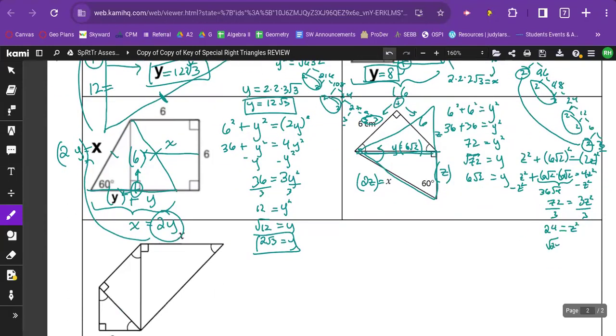Square root of 24 is z. So then it'll simplify down to 2 root 6 for z. So z is 2 root 6, but 2 times 2 root 6 will give me the x value, which is what I'm looking for. So that'll be 4 root 6 for the x.